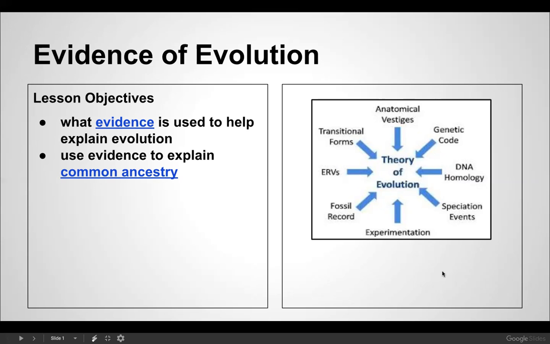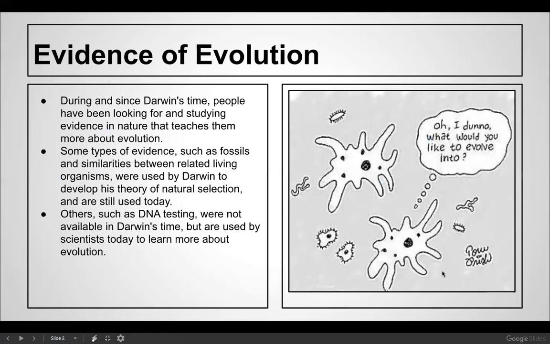So if you look at the picture, we have in the center the theory of evolution, and then all of those things around the outside that help us explain the theory of evolution, the evidence that allows us to come up with this theory. So during and since Darwin's time, people have been looking for and studying evidence in nature and that teaches them more about evolution.